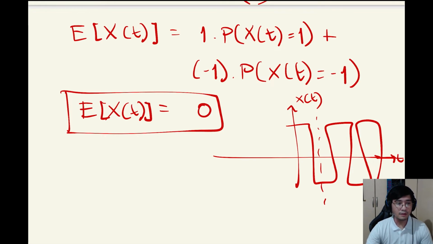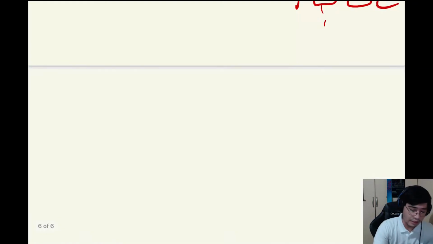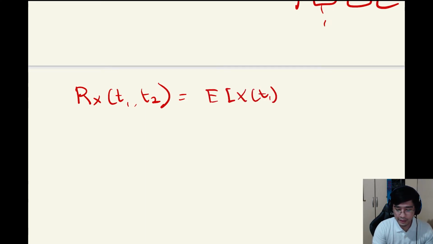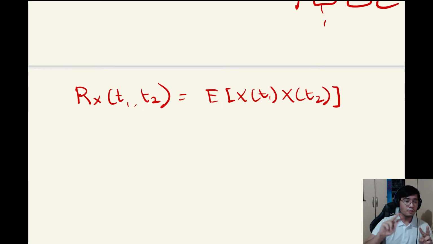Okay, how about the autocorrelation? So for the autocorrelation, this is equal to the expectation of x of t1 multiplied by x of t2. Take note that x of t1 and x of t2 will only have two possible outcomes, positive 1 or negative 1.